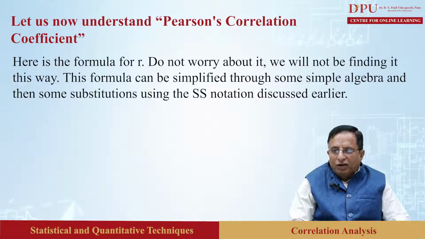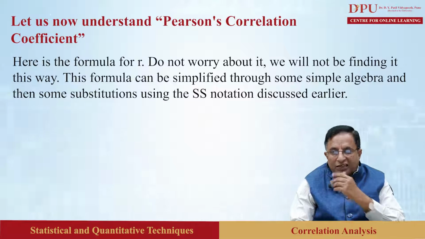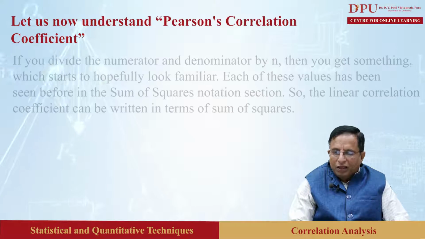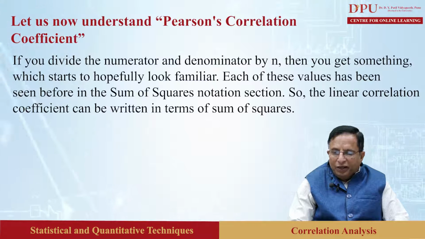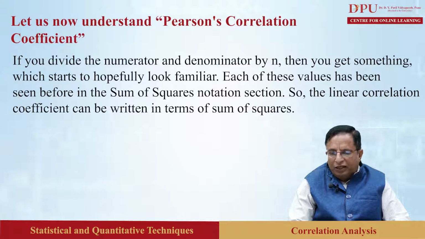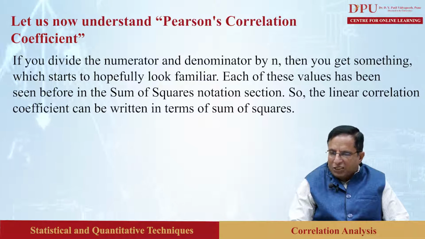Here is the formula for r. Don't worry about it, we will not be finding it in this way. This formula can be simplified through some simple algebra and then some substitution using the SS notation discussed earlier. If you divide numerator and denominator by n, you will get the same thing, which is starting to hopefully look familiar. For example, 4 plus 4 by 2 is 2.